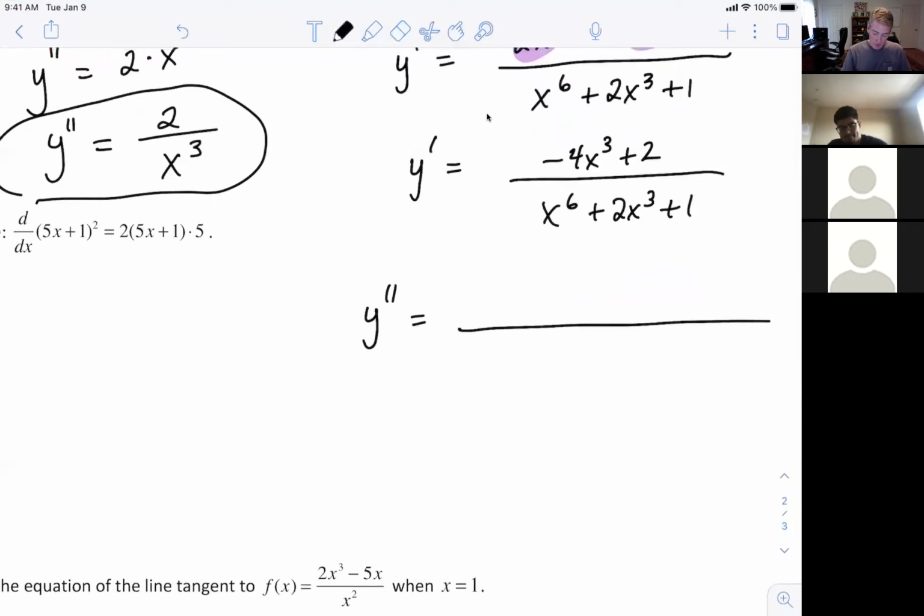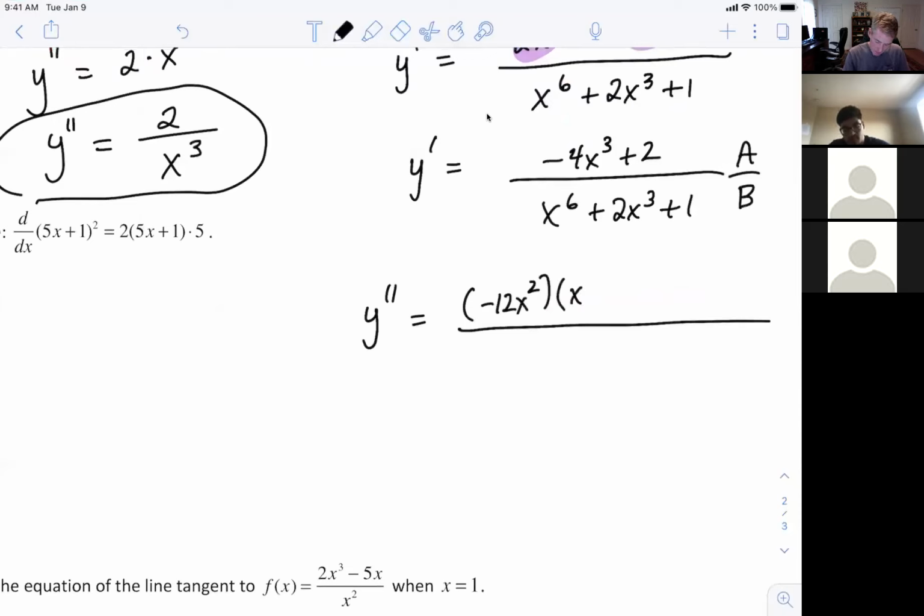Okay, so for the quotient rule, take the top and the bottom, start by taking the derivative of the top. So that would be the 3 goes in front and multiplies, so that's negative 12, and then subtract 1 from the exponent, so that's going to be negative 12x squared. And the derivative of 2 is 0.